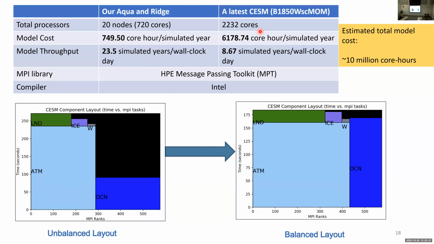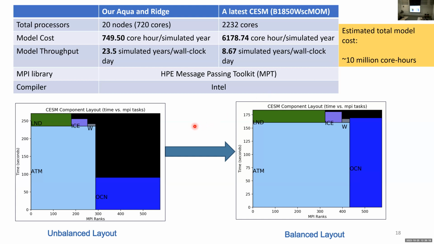Comparing to the most advanced and latest CESM comprehensive climate models, they run on 2,000 cores and spend about 6,000 core hours per year, and run much more slowly. It's more expensive and slower for experiments. We estimate our total model cost is about 10 million core hours, including the current experiments and the experiments we designed for the future.